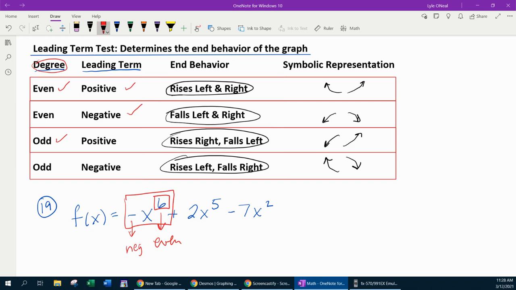And so that means that our end behavior is going to fall left and right. And again, you can either use the symbolic representation for that, or you can write the words falls left and right. But that's how that particular problem is worked out.